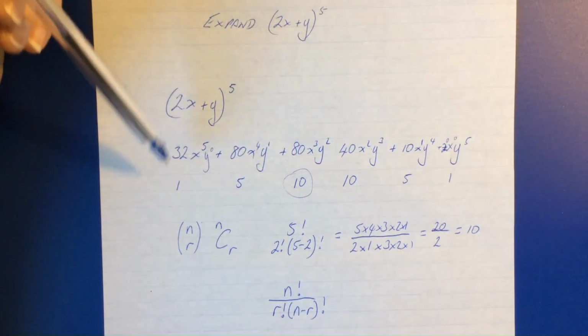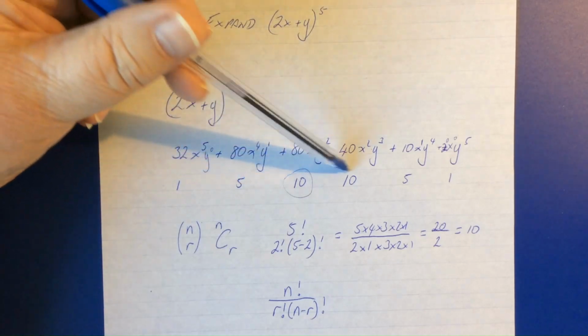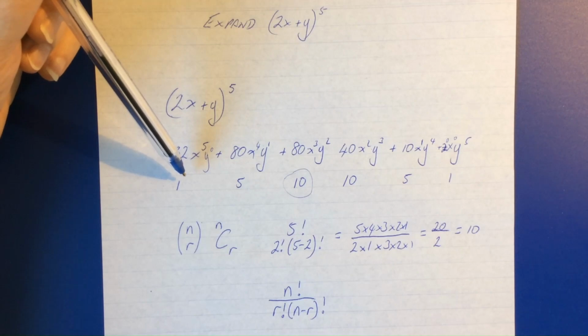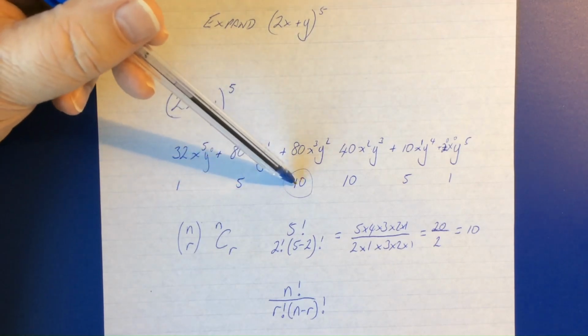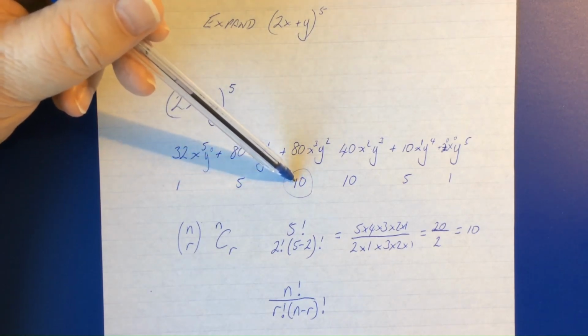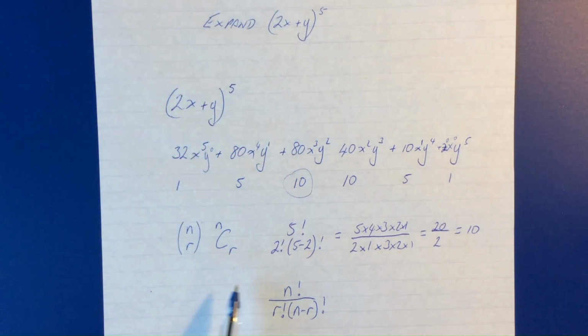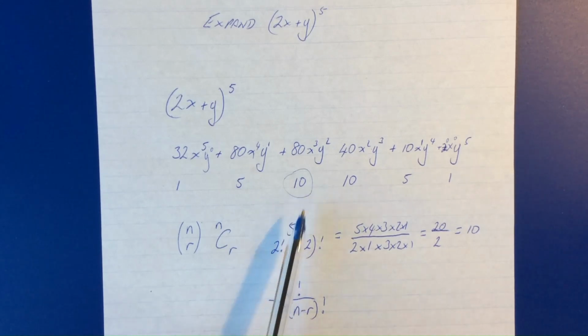Okay. As I said, we get these numbers from the sixth row of Pascal's triangle. So what I've done is I've taken this number and I've gone through the other way in which you can get this value.